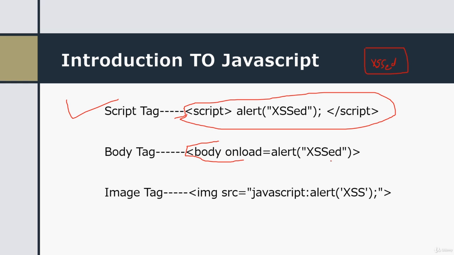JavaScript was actually designed to run in a very restricted environment with limited access to the underlying operating system. But even with limited access, a JavaScript loaded in the web browser can be used to do some nasty stuff.